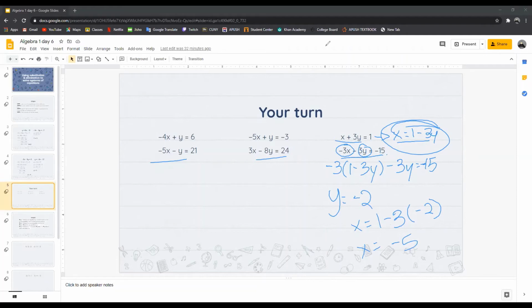Wait, no, I made a mistake. -3 times -2 equals to a +6 plus 1. X equals to 7. And again, can't write it as just x equals or y equals. You have to write in coordinate points. So that would be our answer. Make sense? Yeah. All right.